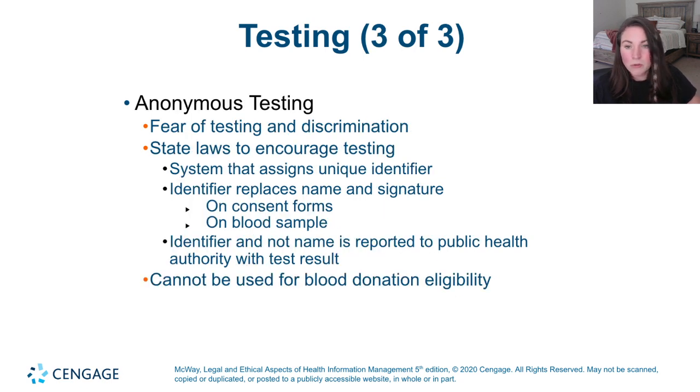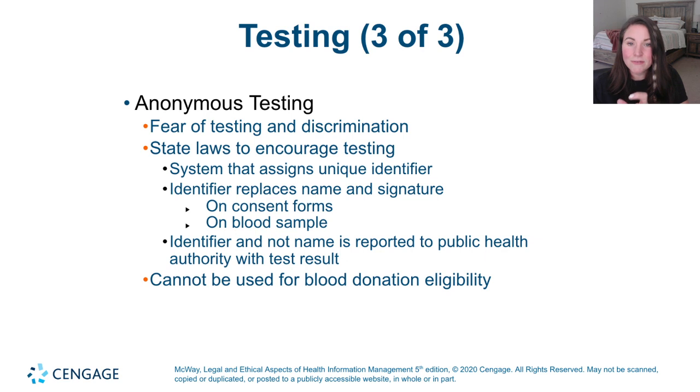A lot of people choose not to get tested just out of fear of testing positive and facing discrimination. So to try to get more people to get tested, some states have passed laws allowing people to get tested anonymously. So each person is given a unique identifier, kind of like a coding system, that would replace their name on all forms and blood samples.